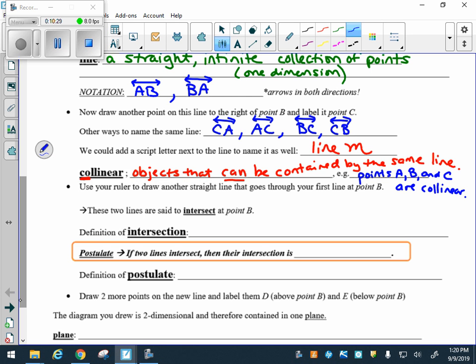By definition in geometry, the intersection is all the points that two things have in common, or three things, or four things, doesn't matter. So all the points in common. So often we think of two lines that intersect, but it can be like a circle and a line.